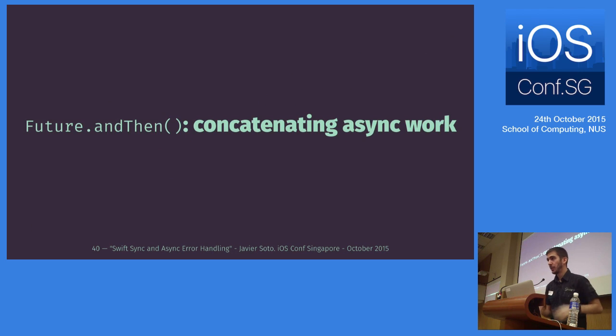OK, so map is already very useful. Whenever we have an asynchronous value, we can transform it with a function that does something with it. The second thing that is really useful is when, given a value that we retrieve asynchronously, we want to do something with that value that is also asynchronous.